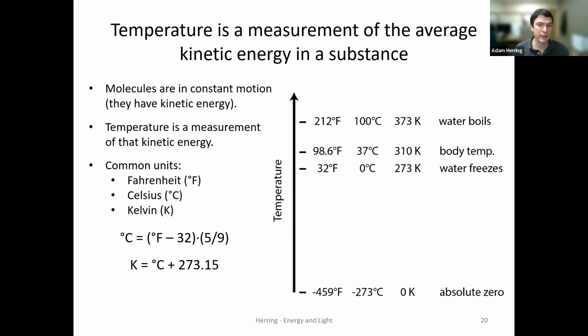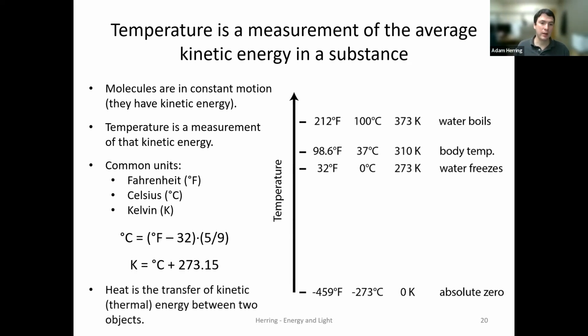Within Fahrenheit, water freezes at 32 degrees, water boils at 212 degrees, and the average body temperature is about 99 degrees. For the Celsius scale, sometimes also called centigrade, water freezes at 0 degrees, water boils at 100 degrees, and the average body temperature is about 37 degrees.